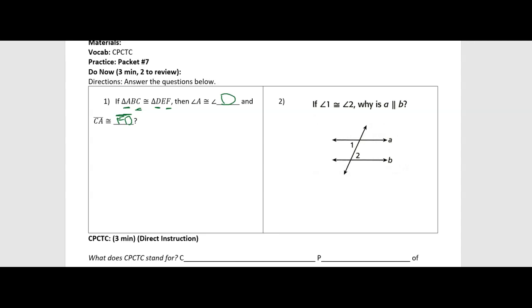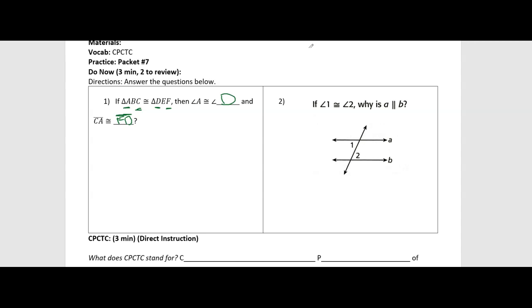Number 2, it says if angle 1 is congruent to angle 2, why is A parallel to B? Those are the 2 lines. Well, let's think about what theorem we can use. If we're given that the angles are congruent, we need to know what kinds of angles, right? Those are going to be alternate interior. So the alternate interior angle theorem says if 2 lines are parallel, then alternate interior angles are congruent.